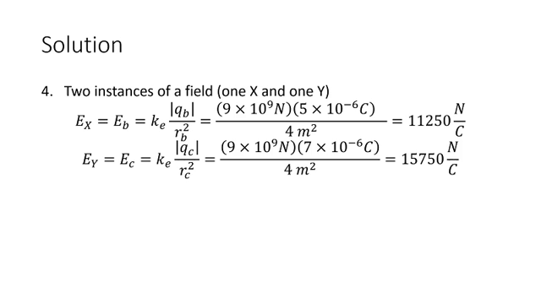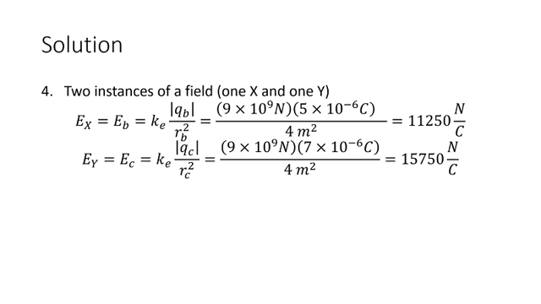And so the electric field values are actually much higher than we had for the electric forces because the charges are so small. But we only have one charge to deal with in this case. So we plug that in, and when I find the field from charge B, it's 11,250 newtons per coulomb.